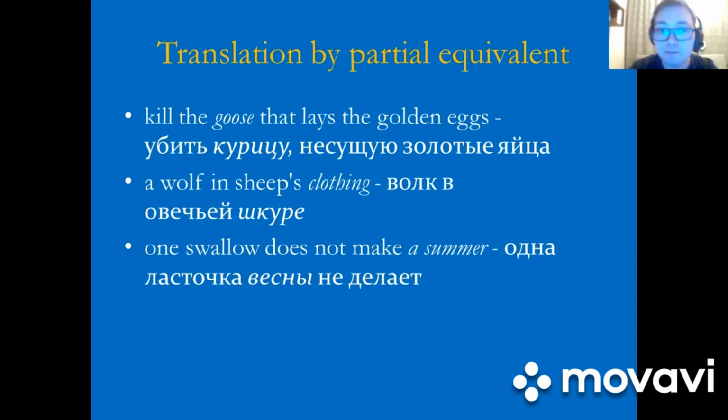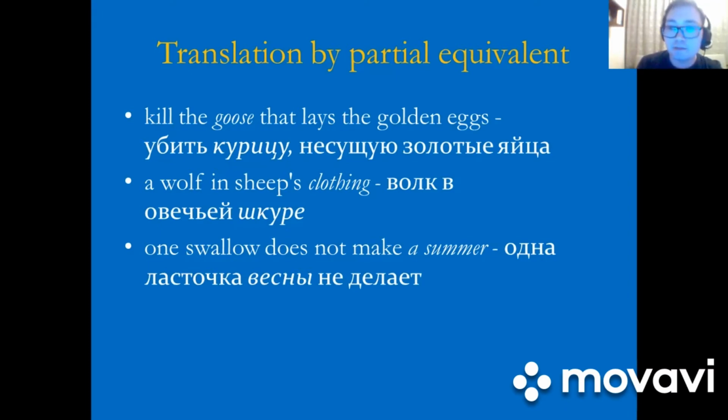For example, if in a text there's used a phraseological unit to kill the goose that lays the golden eggs, and then in the text the word goose is somehow used again. In this case, it would be quite complicated to translate the sentence, because you cannot substitute it by убить курицу, несущую золотые яйца, because in this case, you will also have to substitute the word goose by the word chicken, курица, in the text, right?